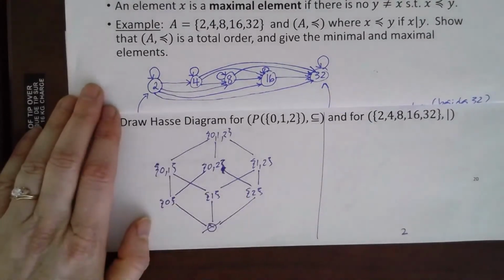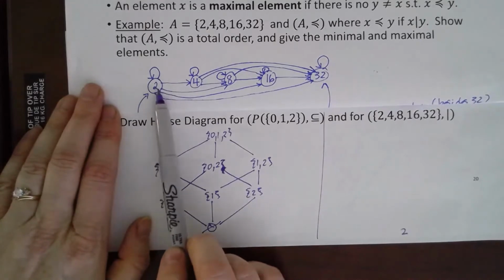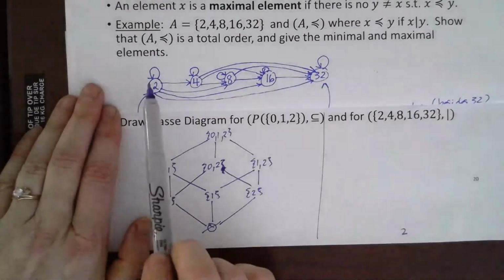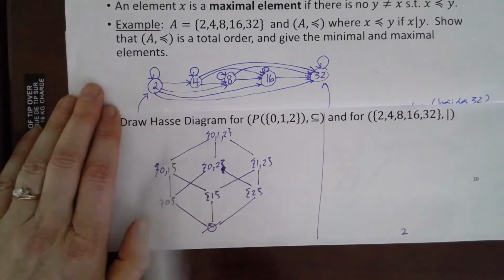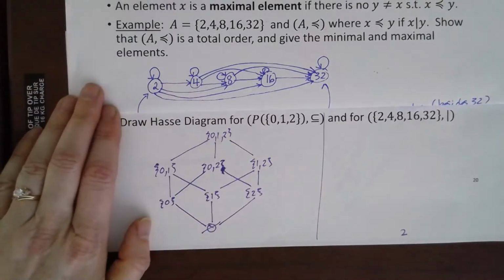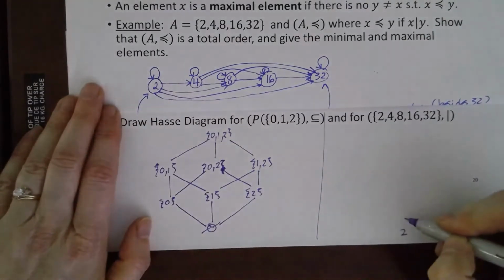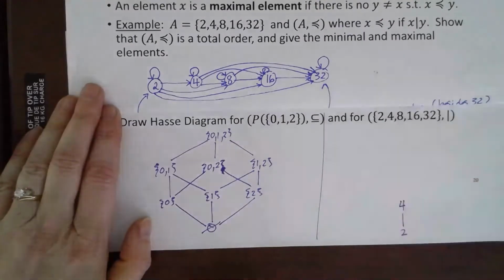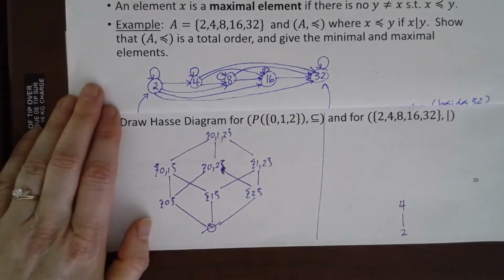That was minimal. And then remember this was the divides relationship, 2 divides 4. So 2 has to appear lower than 4. So 4 is going to go above it. We're not going to put any self loops on 2. That's implied. I know it's reflexive. There's no reason to put that in there.